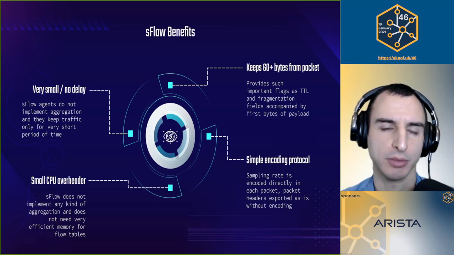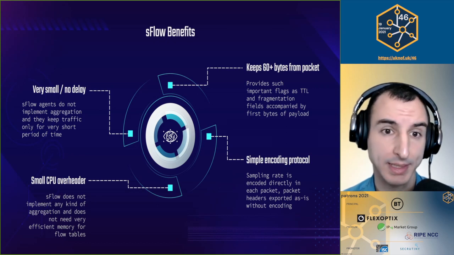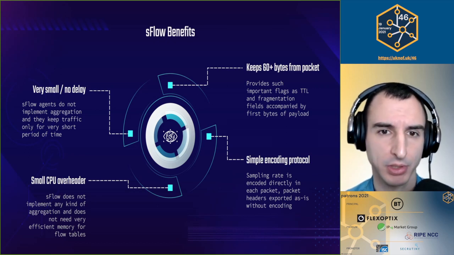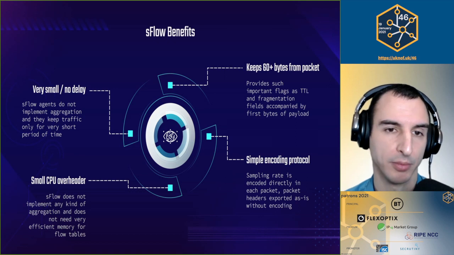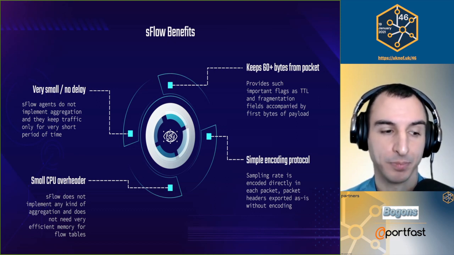We don't need a serious amount of memory for flow tracking. We don't need extremely expensive hardware memory for flow tracking. It's just what we observe and immediately send. And typically for switches implemented in hardware, the control plane just observes sampled packets, which need to be just collected and forwarded to the collector.